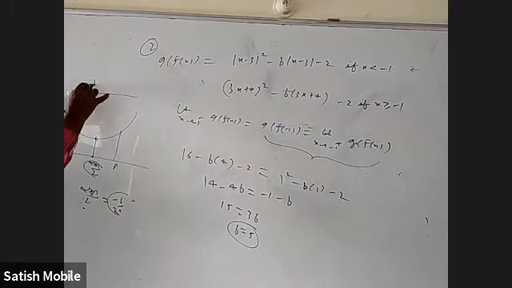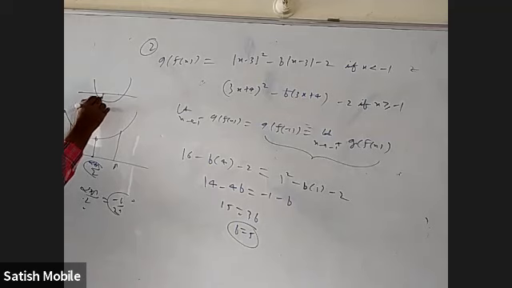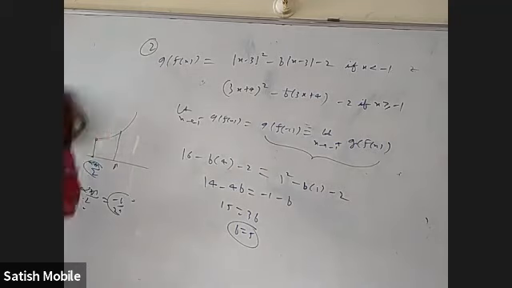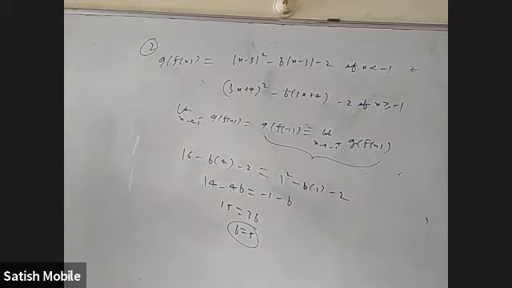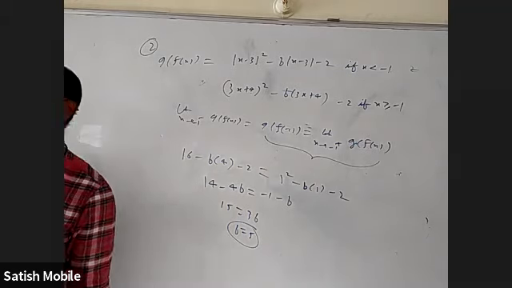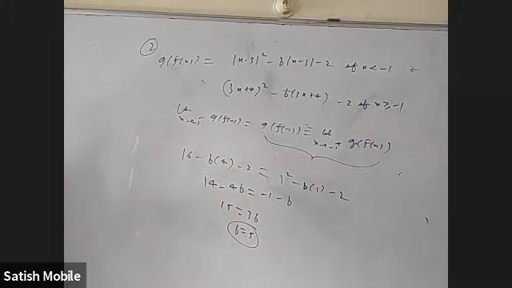I can even take a graph like this and say if at alpha and beta the values are same, the sum of these two should be the same as the sum of these two. Everybody clear?